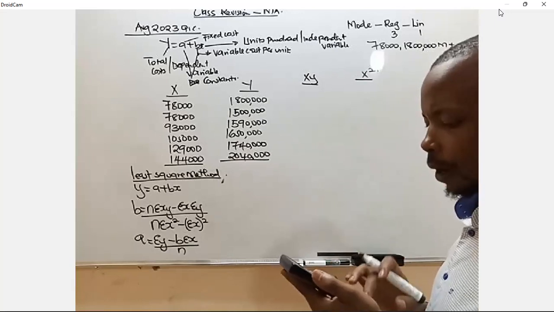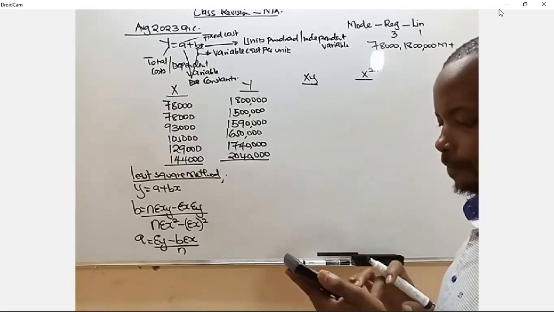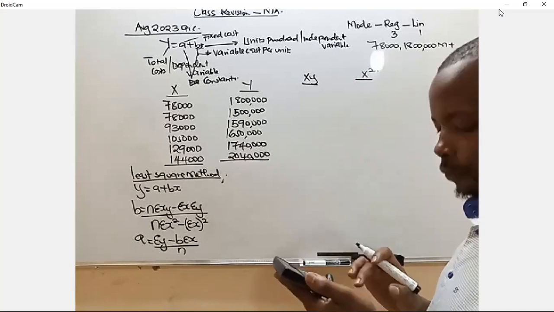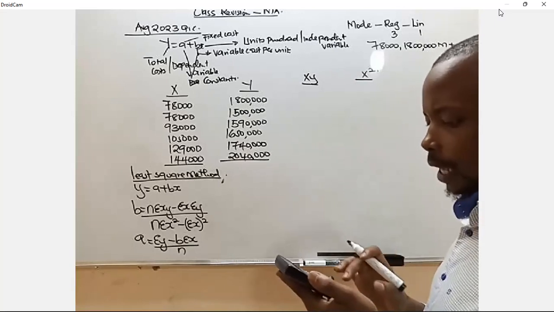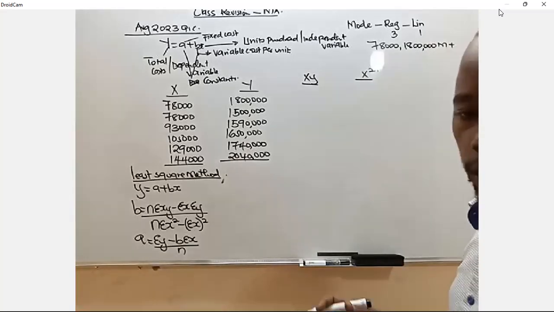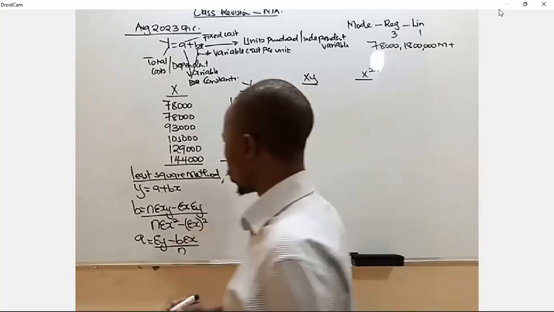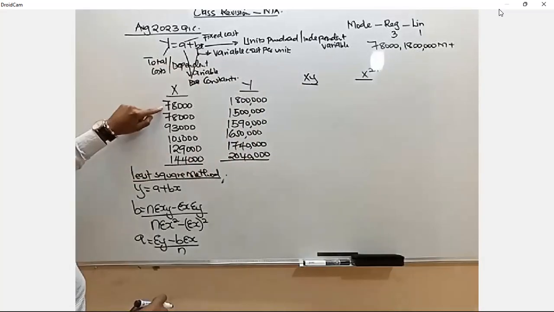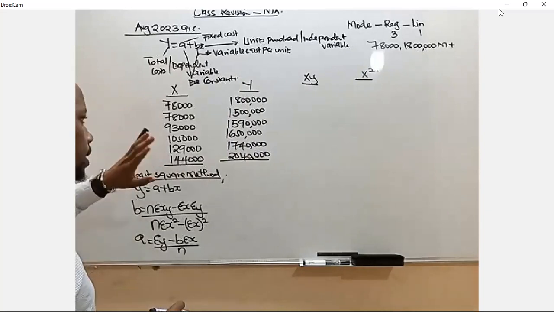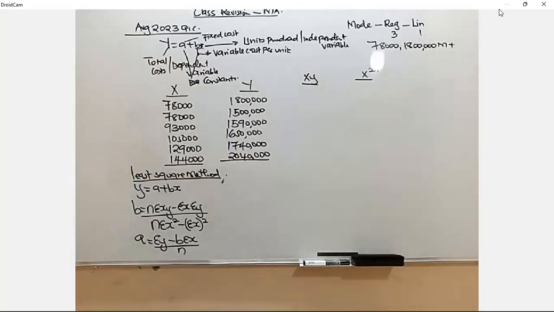The last one will be 144,000, comma, 2,040,000, M plus. Then the calculator will display n is equal to 6. Even if you count 1, 2, 3, 4, 5, 6, you know that we have 6 values.